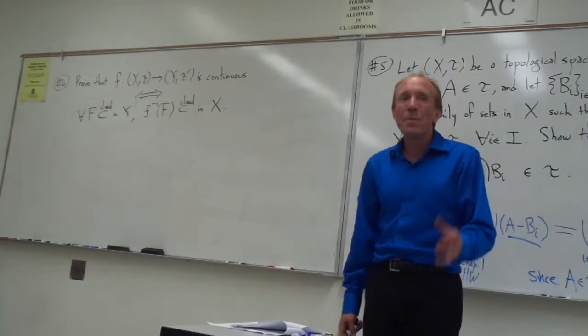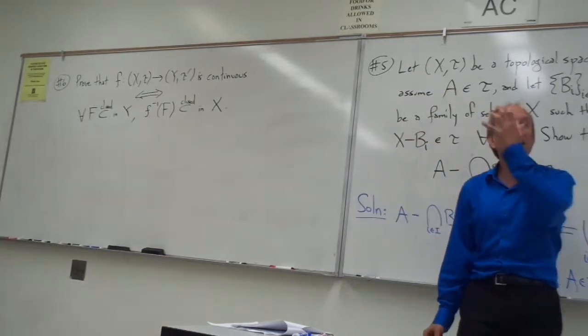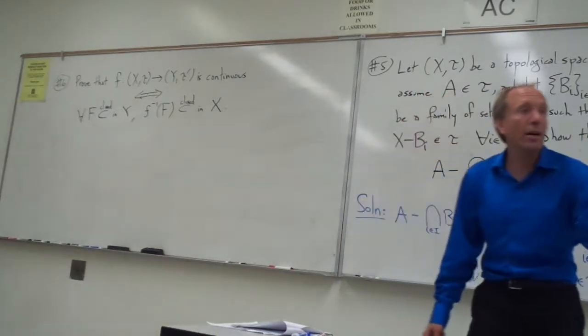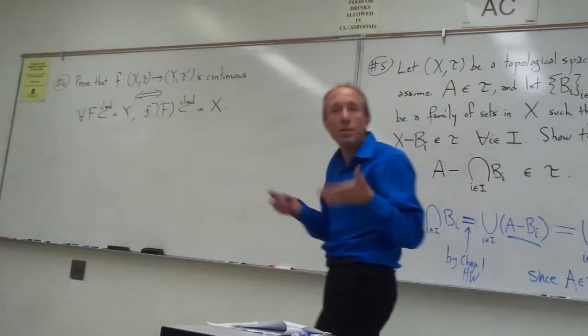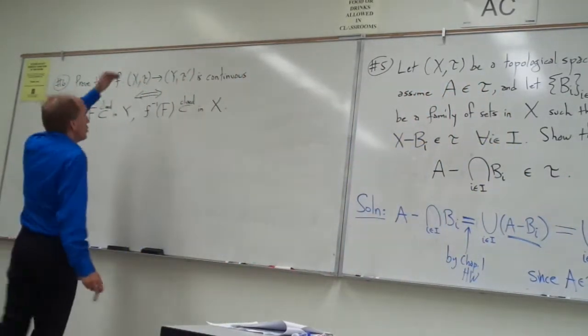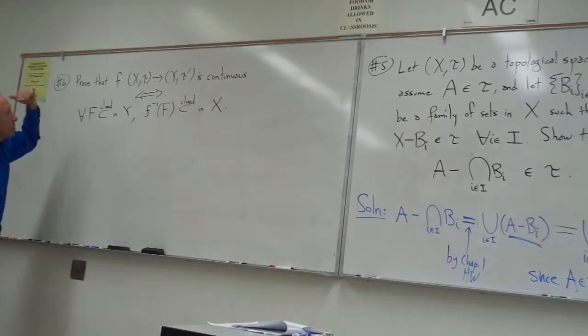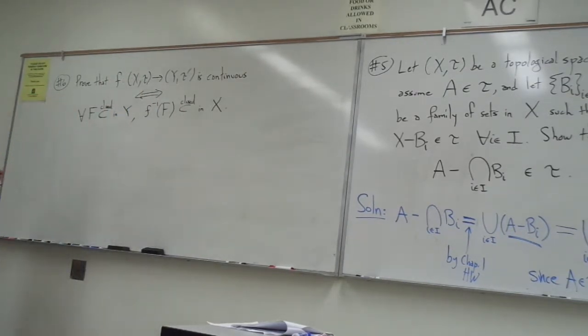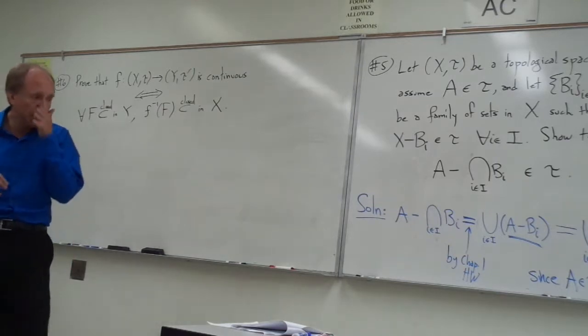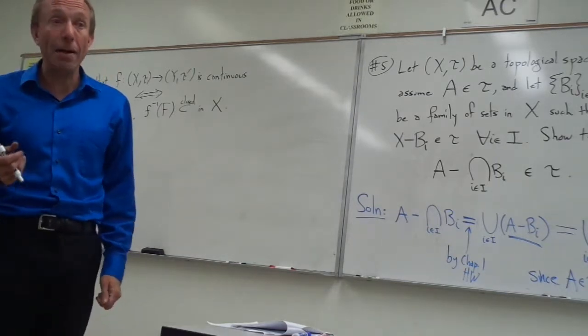That proposition says that preimages of open sets are open. So this is asking you to prove that it's just as good to say that a function is continuous if preimages of closed sets are closed. So it's very related to the other proposition, and maybe we can even use that.